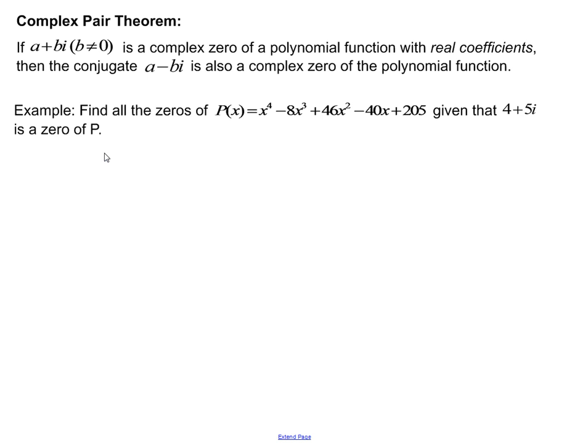Well, right away we can use that complex conjugate theorem because we're basically being told, not in so many words though, that x equals 4 plus 5i is a 0. Therefore, by the complex pair theorem, x equals 4 minus 5i must also be a 0.